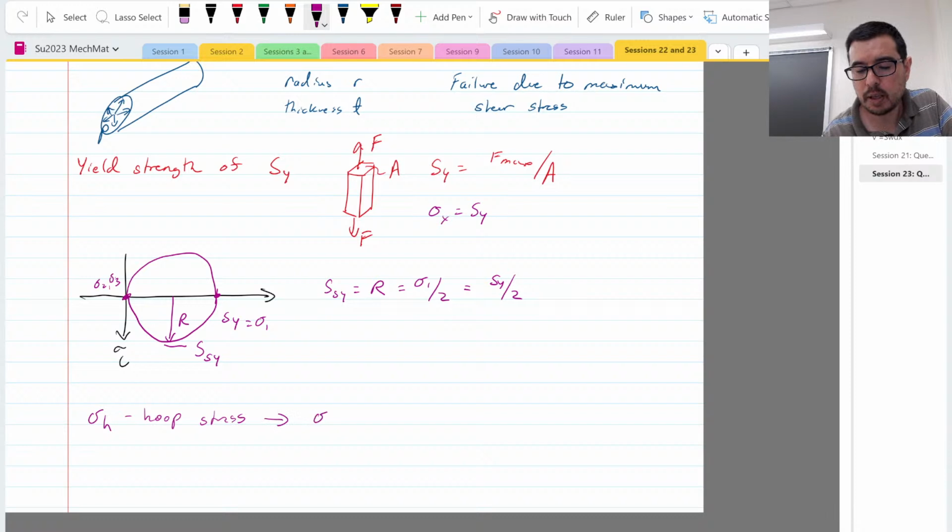Sigma H, as we said before, is PR over T. Same thing applies though, where we're looking at a Mohr circle, where we have PR over T. We actually have a PR over 2T, and we have sigma 3 equals 0, because this is the hoop, this is the longitudinal.